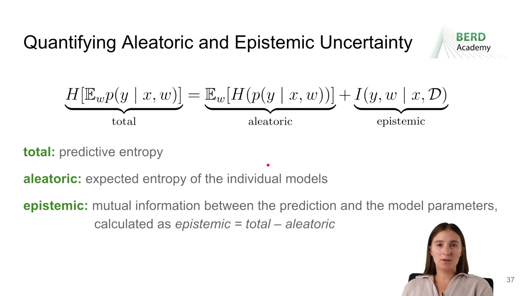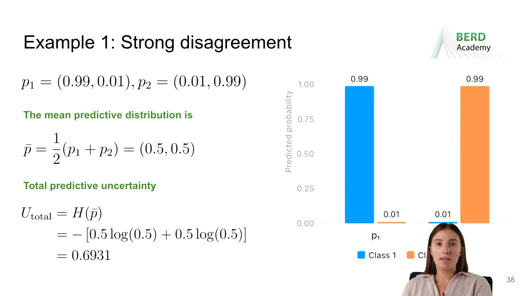Okay, this again looks maybe very abstract, so let's look at specific numbers. Imagine here we have two models, P1 and P2. Those are two neural networks that we sampled with two different sets of weights, and we want to predict one example X. This could be, for example, one image, one text, one new observation in your tabular data set, whatever.